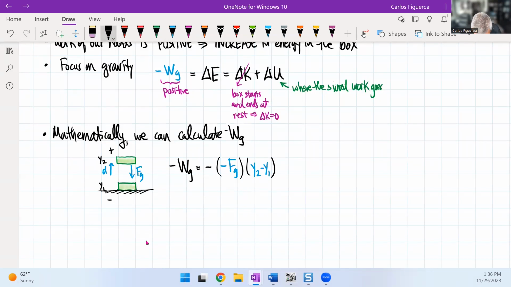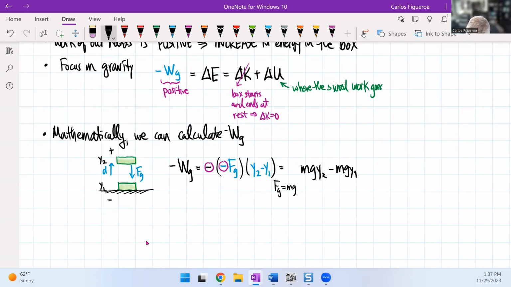If I start putting in the details, the force of gravity, of course, is going to be mg. So if I focus on this, you can see that that minus sign and that minus sign cancel out. Then I'm going to get a term that reads mg times y2 minus mg times y1.